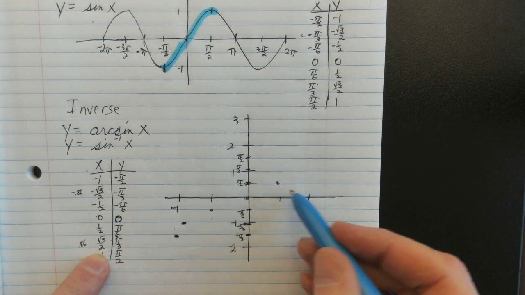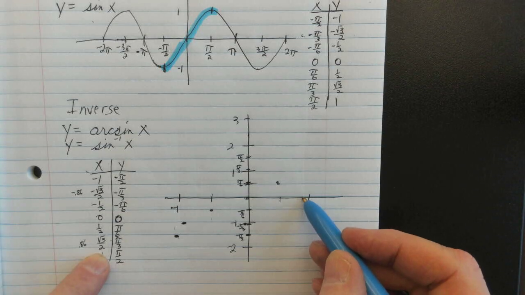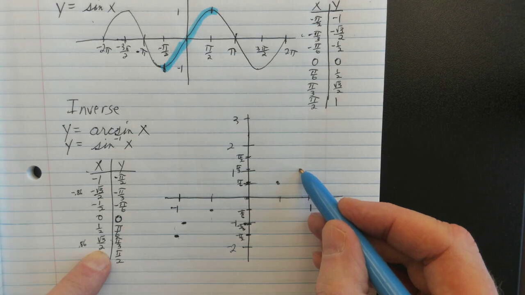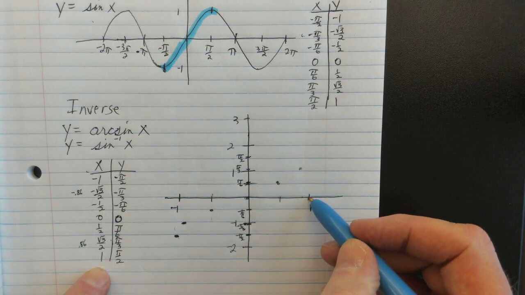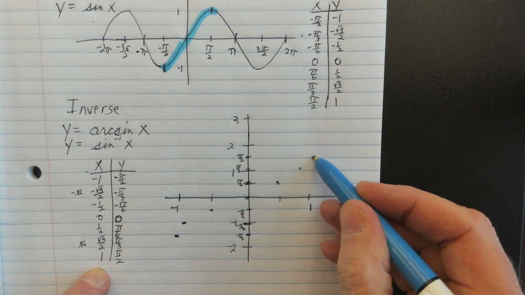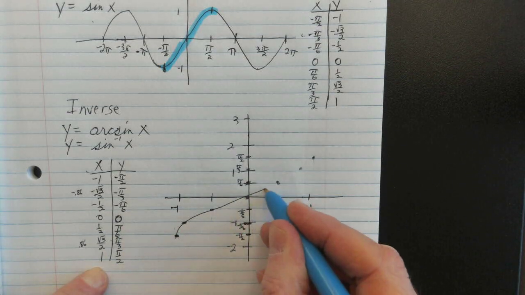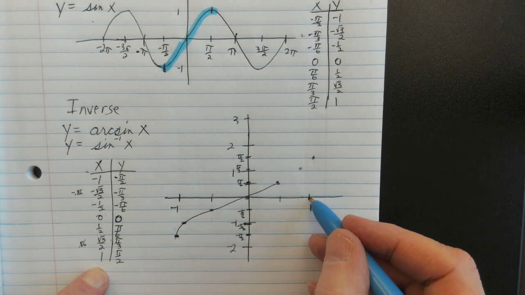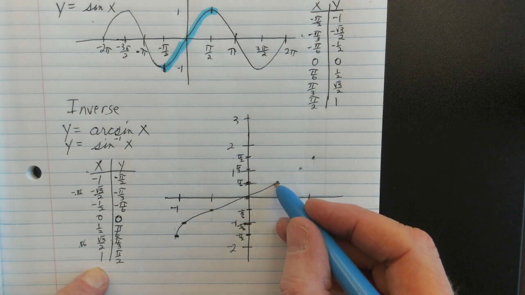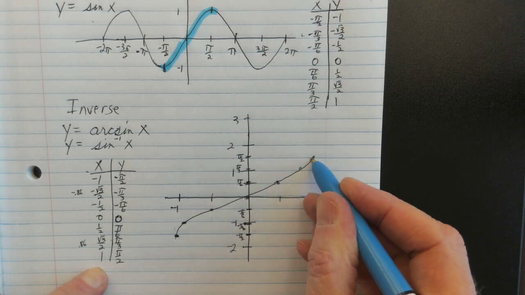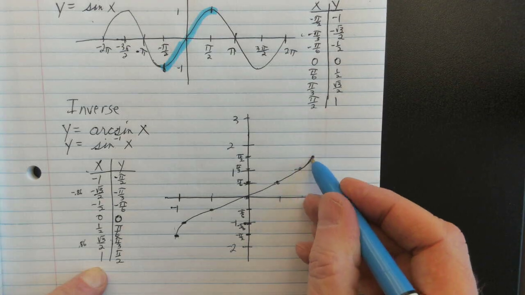Pi over 6, around here, radical 3 over 2 to pi over 3, right around here, and 1 to pi over 2 is right around here. So it kind of twists like this, and then this one kind of twists up like that also.